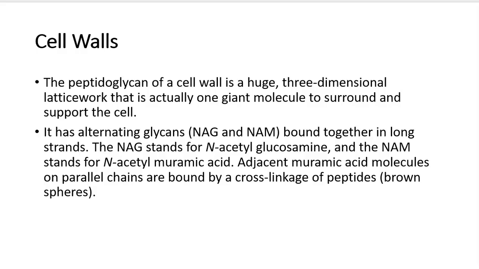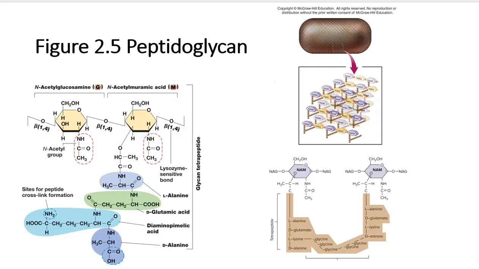And again, it is a three-dimensional lattice work, if you would, that surrounds the cell, and it has alternating sugars, amino sugars, called NAG and NAM. NAG is N-acetylglucosamine, and NAM is N-acetylmuramic acid. And they cross-link. I don't expect you to become a biochemist and go crazy on this, but this is what it looks like.